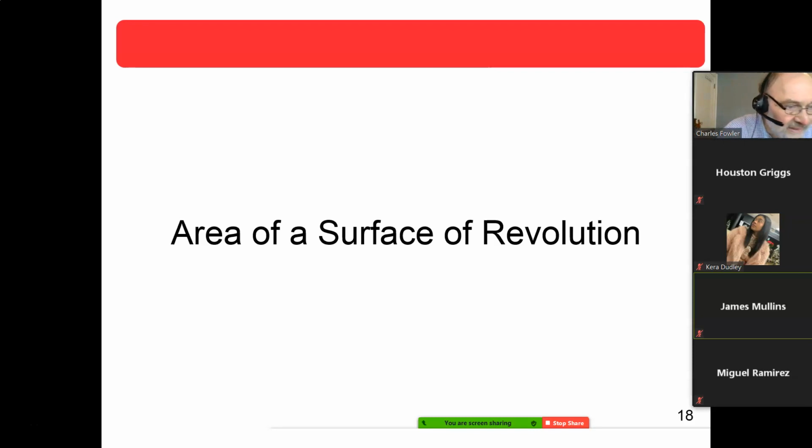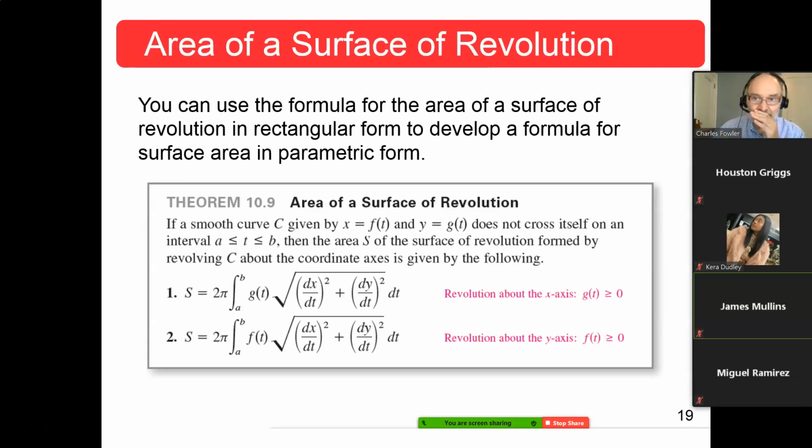Let's move on to the area of a surface of revolution. Okay. What we're going to do now, we're going to use the formula for the area of a surface of revolution in rectangular form to develop a formula for a surface area in parametric form.